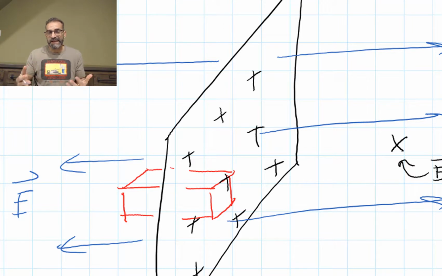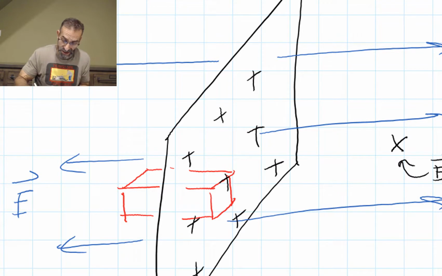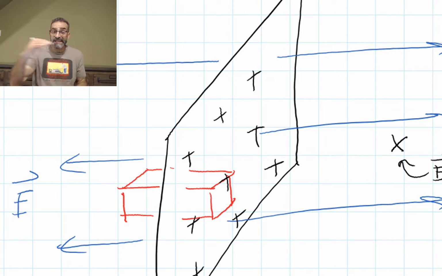But usually we like to take this other shape. Usually we like to take a cylinder. And how would we orient our cylinder? With the axis parallel to the electric field. Otherwise, it doesn't help us with the geometry of this situation.